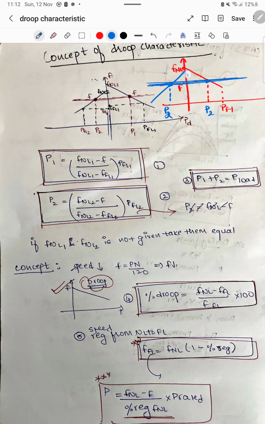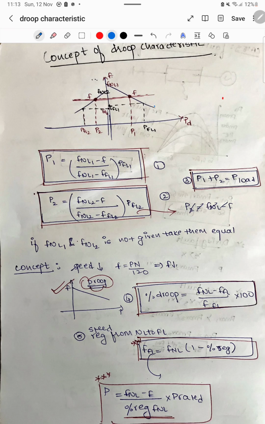They can have different frequencies at no load also and different power demand. So PD full load can be different. What I'm trying to tell is P full load 1, P full load 2 will be there, then frequency no load 1 and frequency no load 2 will be there.